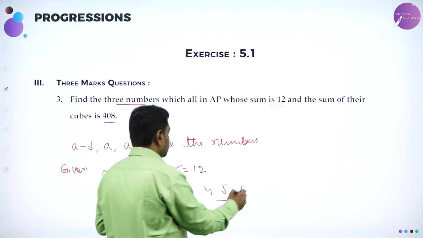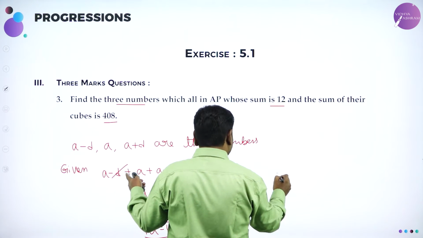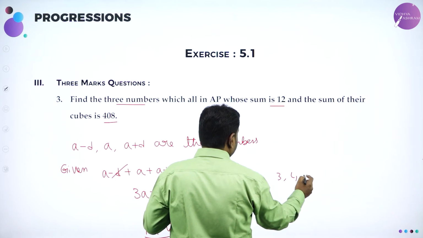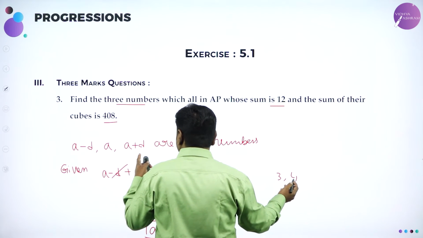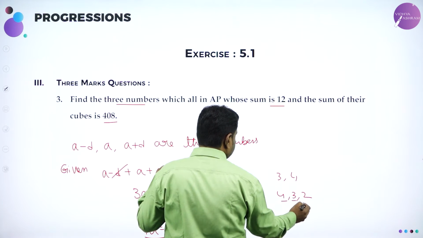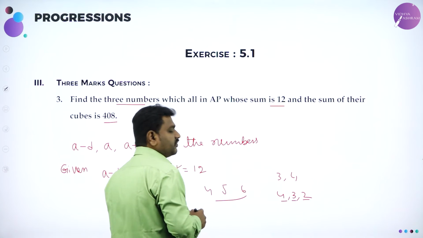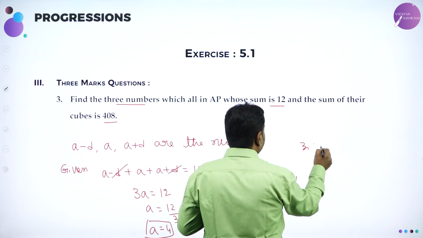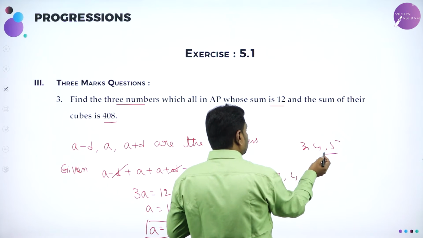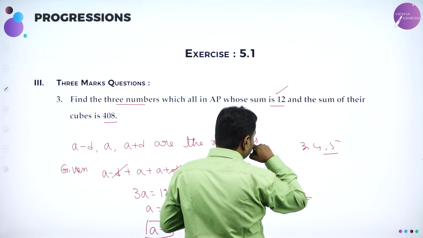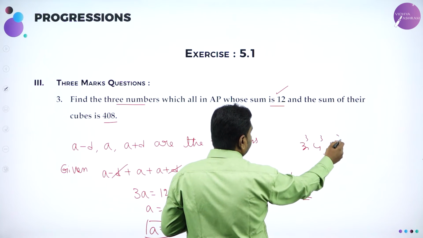With a minus d, 3, 4, and a minus of minus d becomes 4, 3, 2. 4 plus 3 is 7, 7 plus 2 is 9. First term only fails. I took 1, it becomes 3, 4, 5. The sum 3 plus 4 is 7, plus 5 is 12. Sum 12 is holding good, but the sum of the cubes is not 108. 3 cube, 4 cube, 5 cube fails.